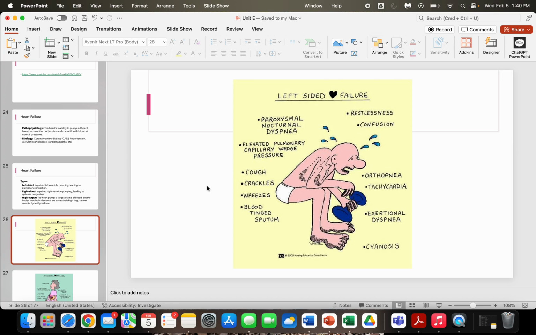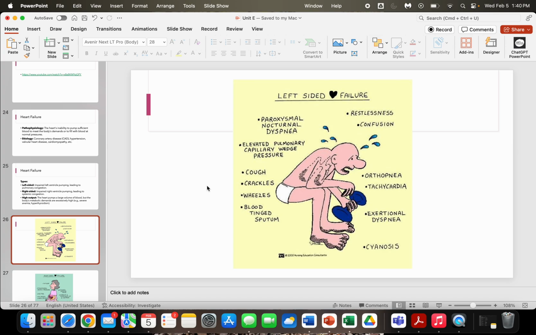Gas exchange occurs. It comes back through the pulmonary vein into the left atrium, down into the left ventricle and out through the aorta to the body. So we know that process occurs.